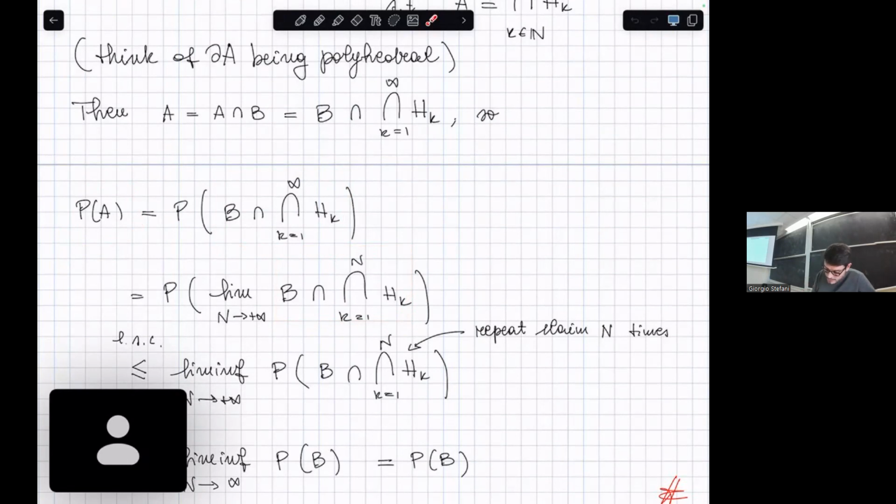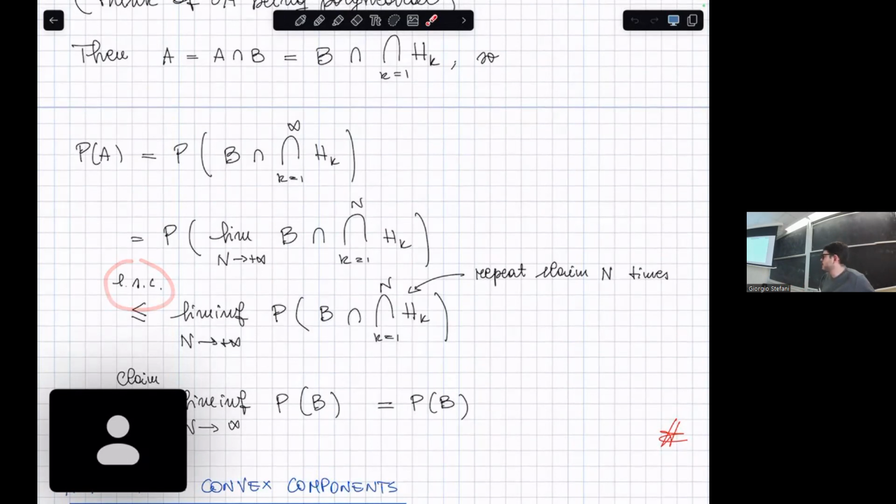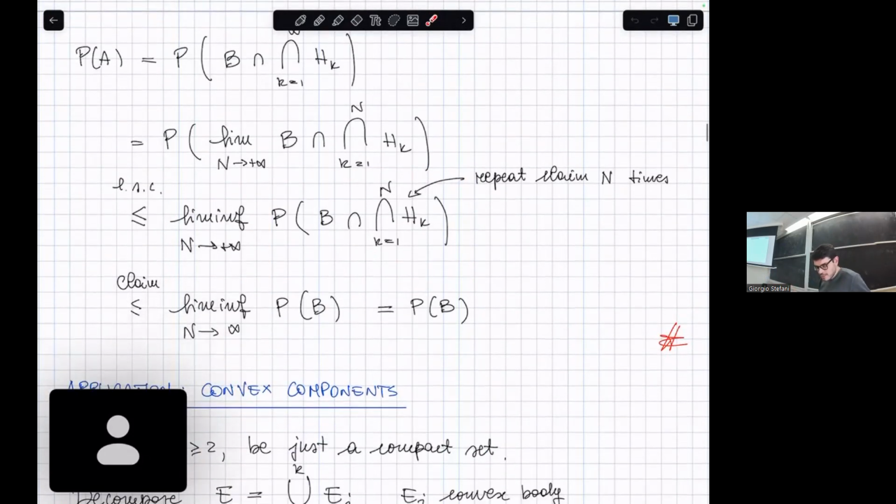And this set here is converging very well to this set here, at least in L1. And so by the lower semi-continuity property of the perimeter, I can put the limit outside, and I get this here. So I have to estimate the perimeter of B intersected with a finite number of closed half spaces. But I can remove one half space at a time in n iterations, no? Because I have at least capital N half spaces intersected.